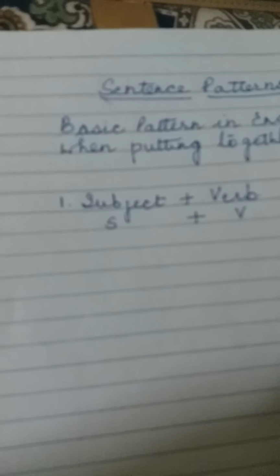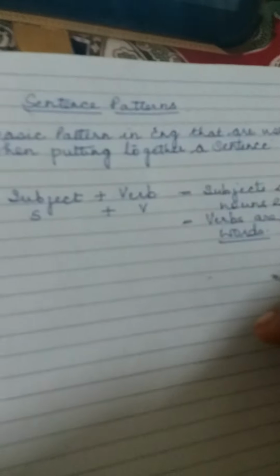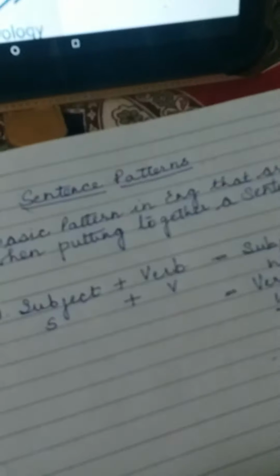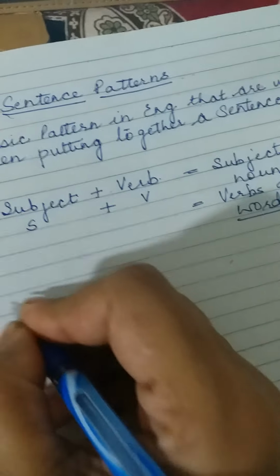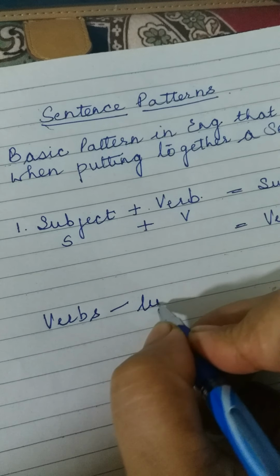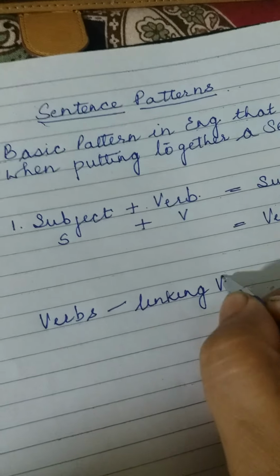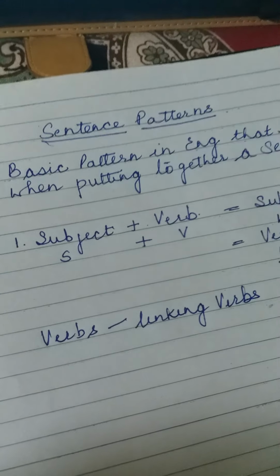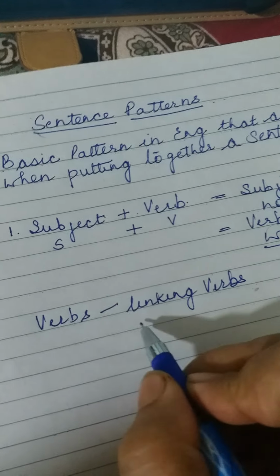A subject is usually a noun or a pronoun, but it may also be a gerund, an infinitive, a clause, or a phrase, which we will be studying later on, children. The verbs in these patterns are action verbs or linking verbs.